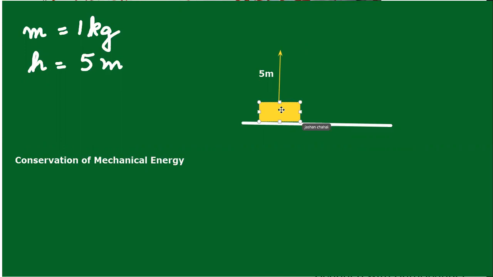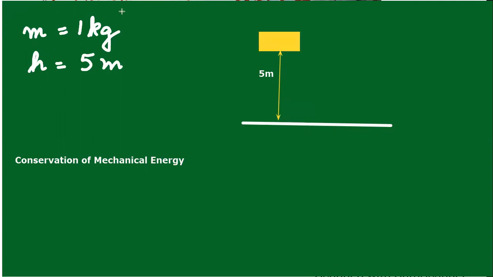So what I want to say here is that when the object was at a height, whatever the value of its potential energy at that height, when the object strikes the ground, the whole of the potential energy becomes zero and gets converted into kinetic energy. So what is happening here?